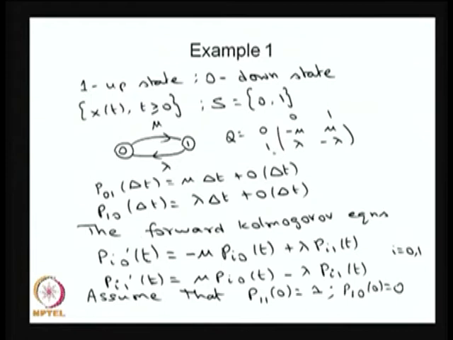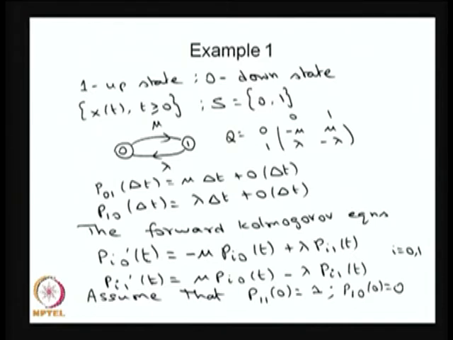The system going from the state 1 to 0, that rate is lambda, and the diagonal values are minus the summation of the other values, that is the row sum. So 0 to 0 is minus mu and 1 to 1 is minus lambda. Therefore the rates are in the off-diagonal elements, and the diagonal elements are minus the sum of the row values other than that diagonal element.